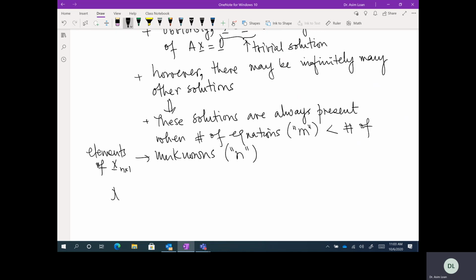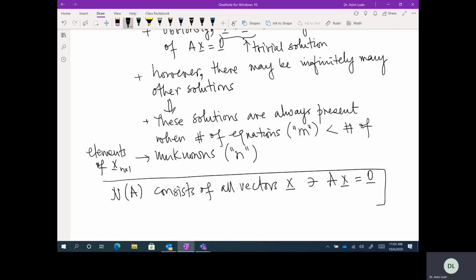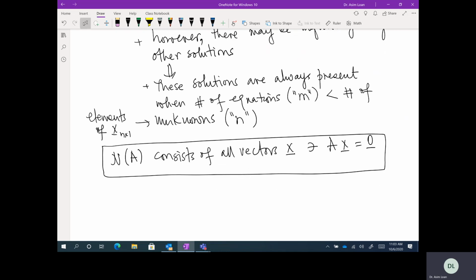The null space of A consists of all vectors x such that Ax equals 0. To find the column space, we take all the combinations of columns of A, and that is what is known as spanning.